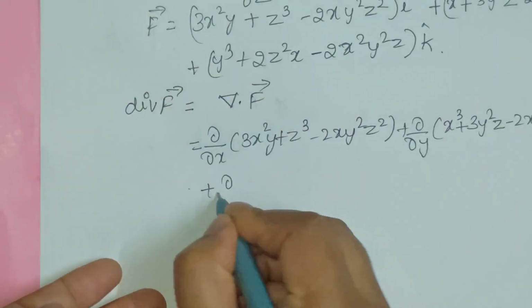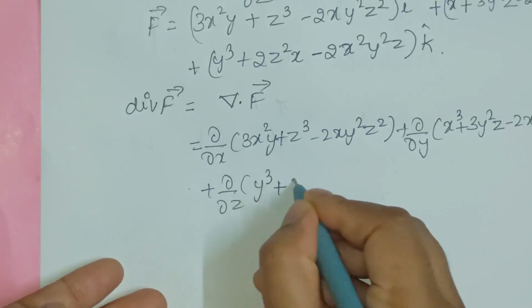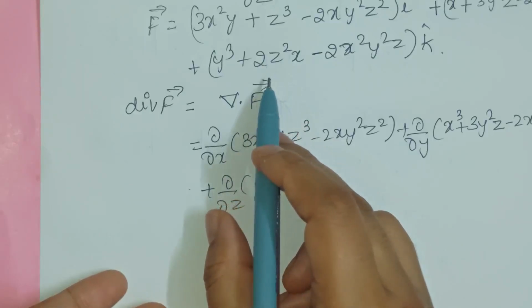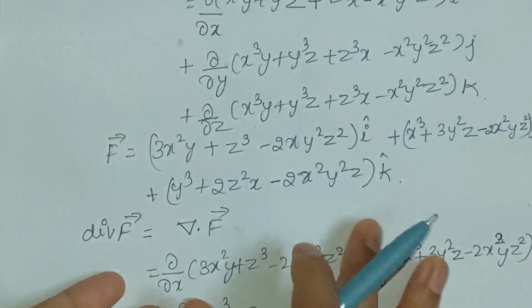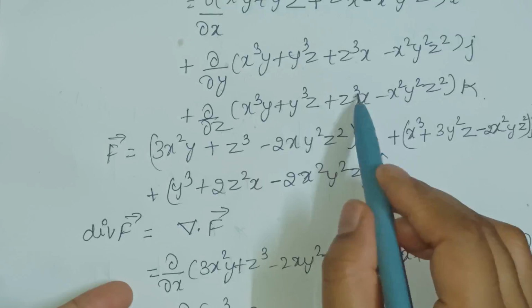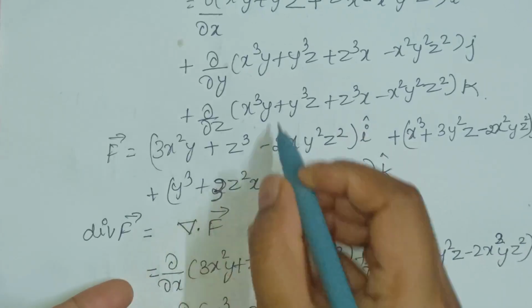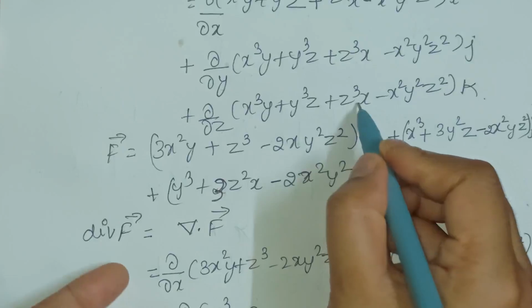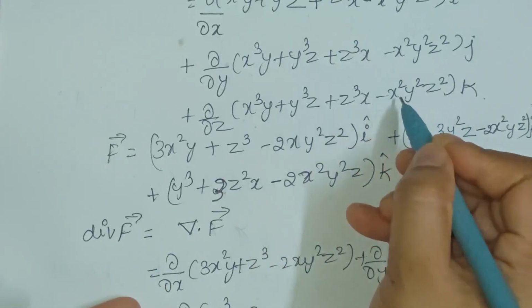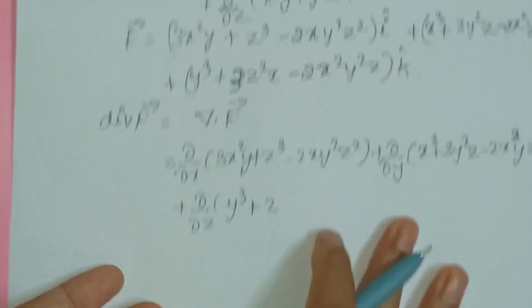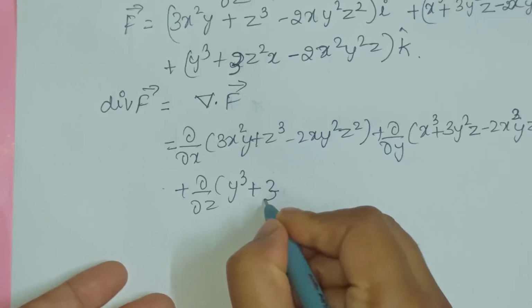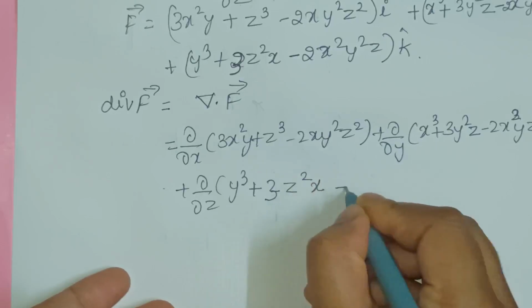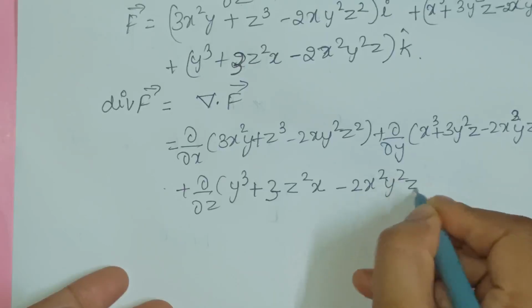Plus dou by dou z of y cube plus 3z square x minus 2x square y square z, correct?